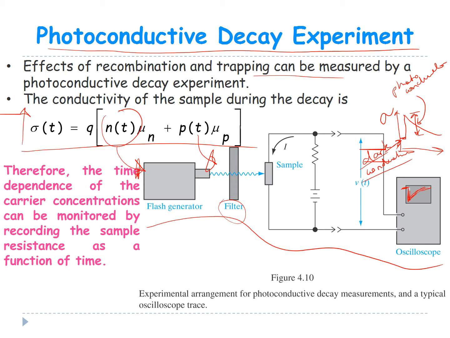So the effects of recombination can actually be seen. The rate of decay, you can actually see it by using this experiment.